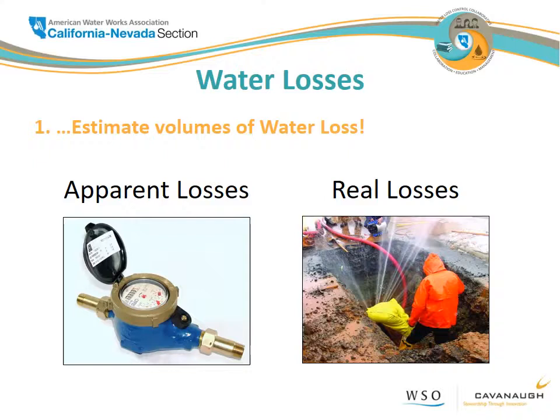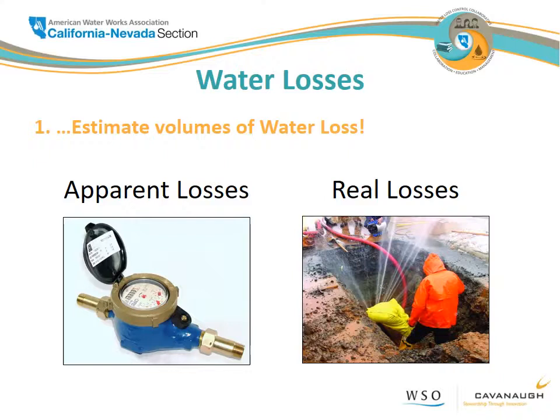As you can imagine, it's really important to distinguish between these two types of losses because they're very different in nature and they require very different intervention strategies. For apparent losses, we're talking about meter accuracy, meter replacement, meter testing, and protocols of theft understanding and monitoring.